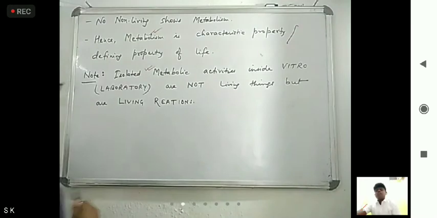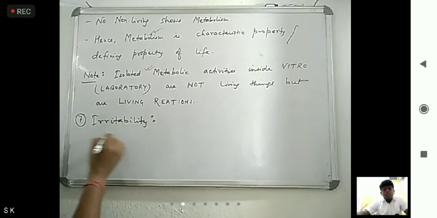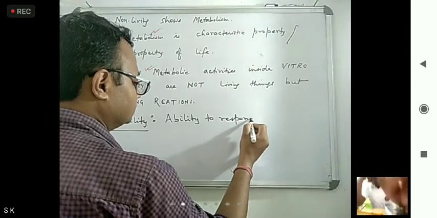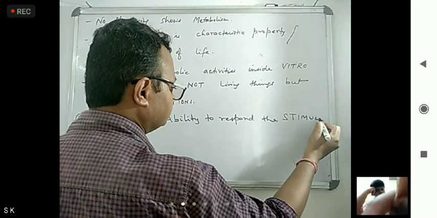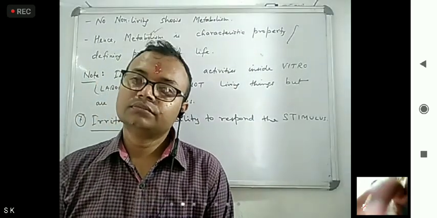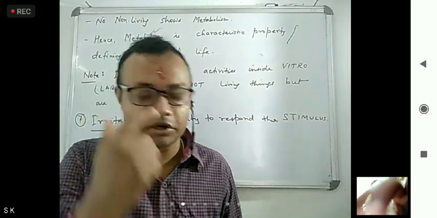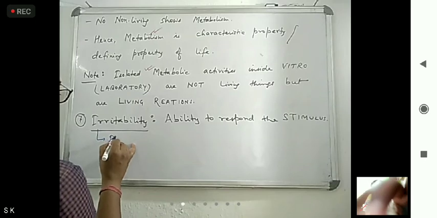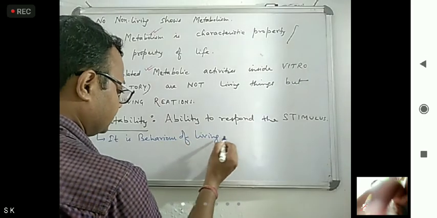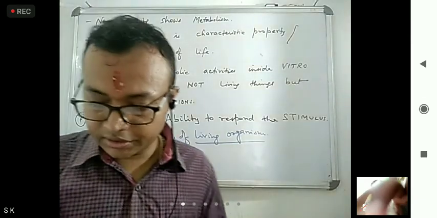The ability to respond to a stimulus is known as irritability. It is the behavior of living organisms.